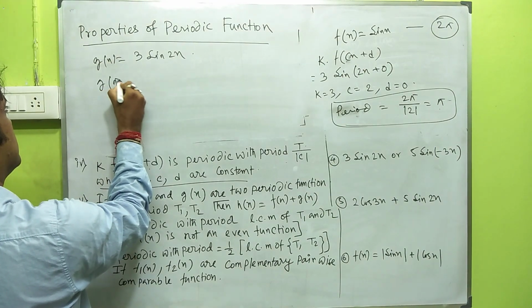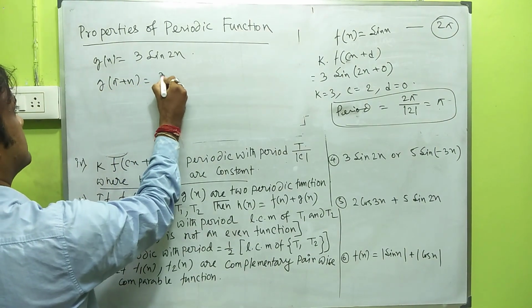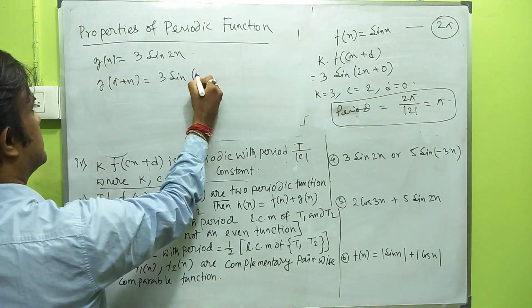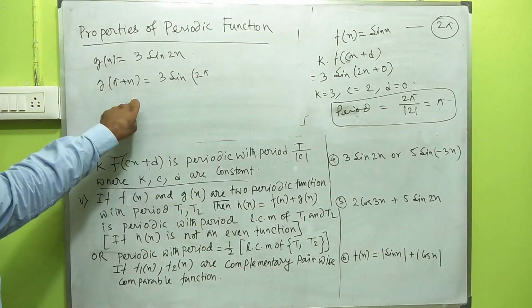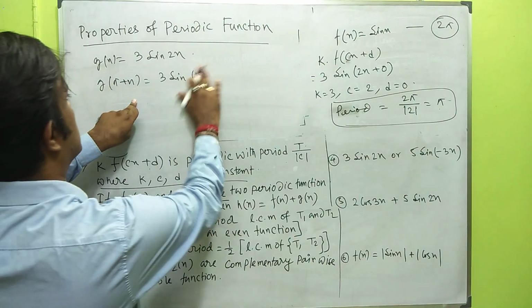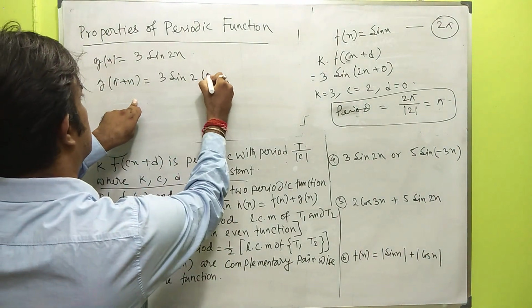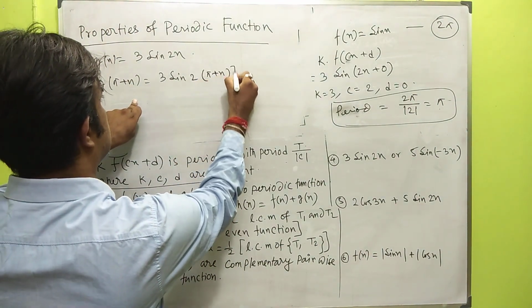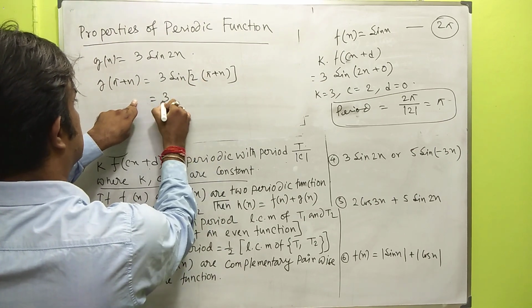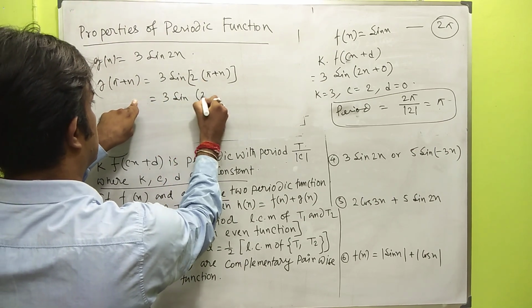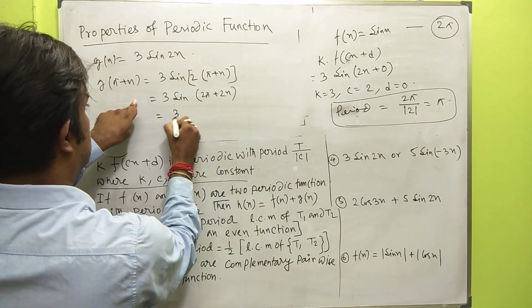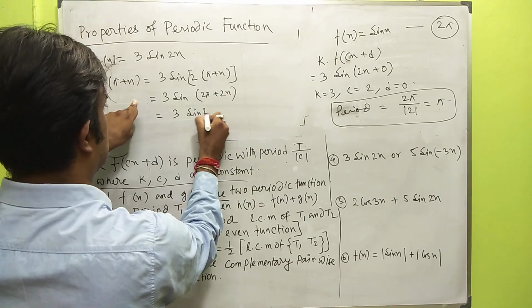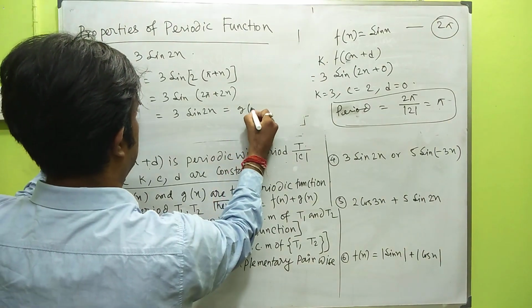So g of pi plus x is 3 sin 2 times pi plus x, that is 3 sin of 2 pi plus 2x, that is 3 sin 2x, that is g of x.